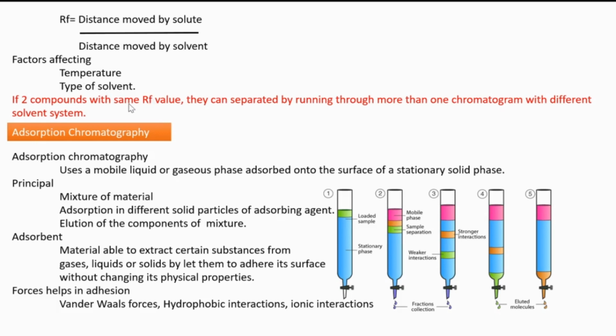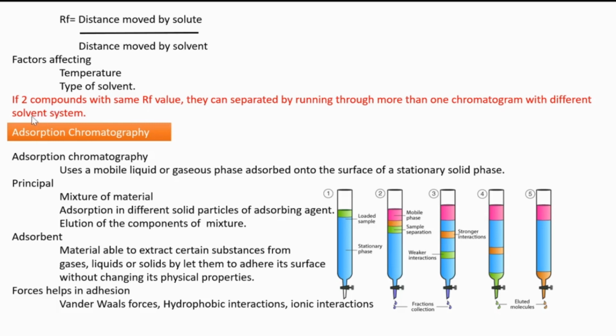Consider that two compounds have the same RF value with a particular solvent, mobile phase. Then what do we need to do? If both have the same RF value, how can we separate them? In that case, we need to do more chromatography with a different solvent system, because only for the same solvent system do these two compounds have the same RF value.